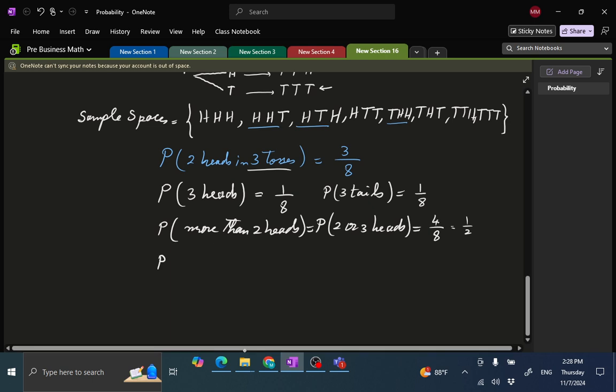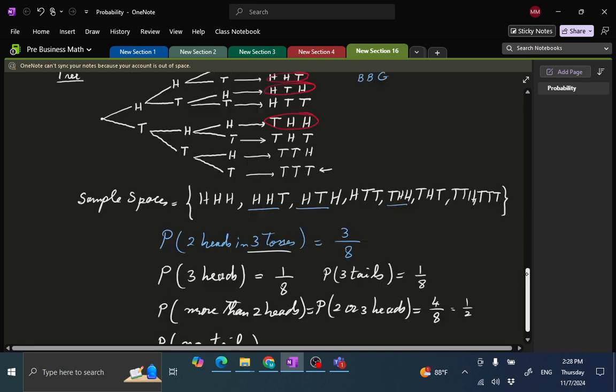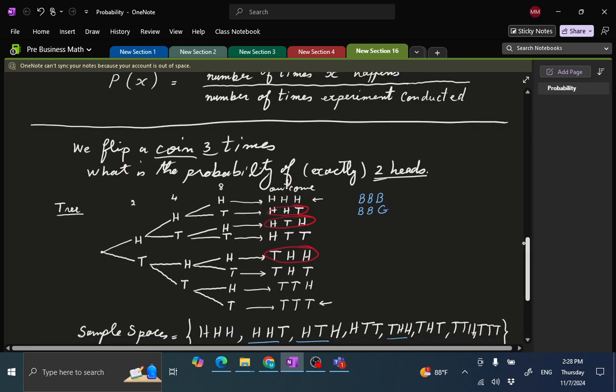What's the probability of, let's say, no tails? So no tails. What are the cases where there is a tail? Well, these are all cases where a tail shows up.